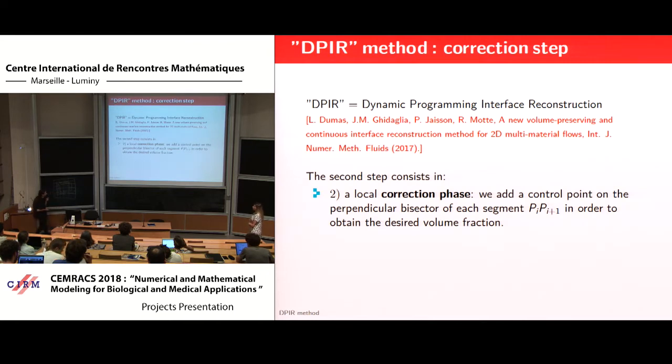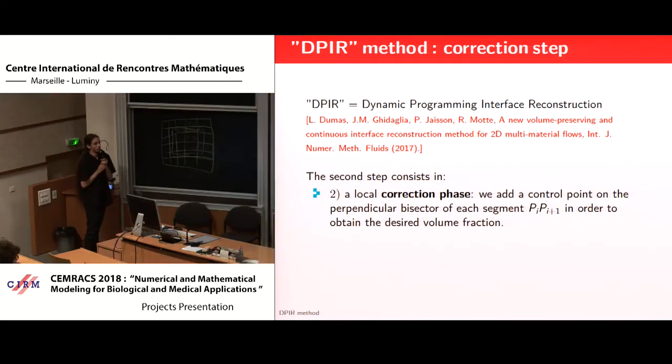So I said that we also need a correction phase, because at the end of the step of dynamic programming, we reconstruct some piecewise linear interfaces that don't preserve the partial volumes.